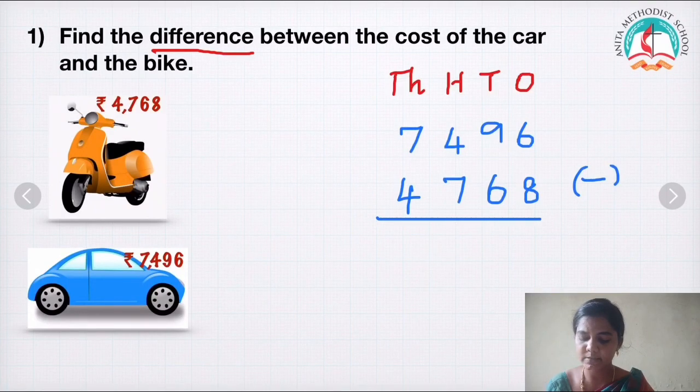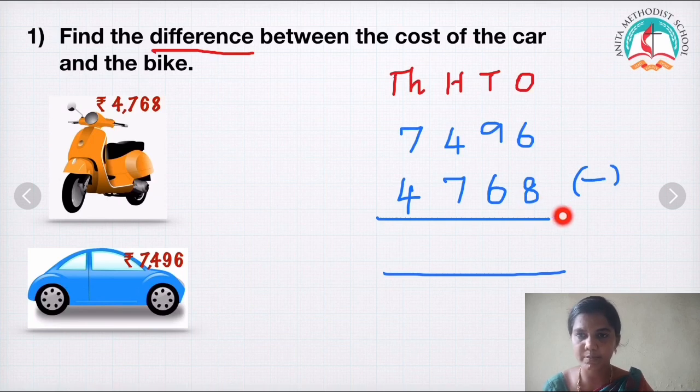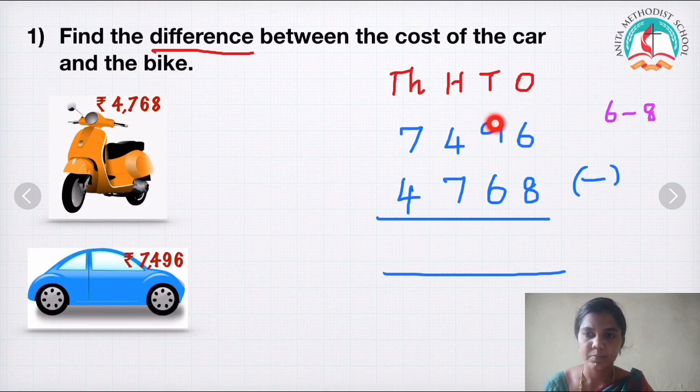So draw the lines and start from the ones place. In ones place we have 6 and 8. Okay, so if we subtract 6 minus 8, here 8 is a greater number, so we cannot subtract 8 from 6. So we need to borrow from the before place, that is tens place.